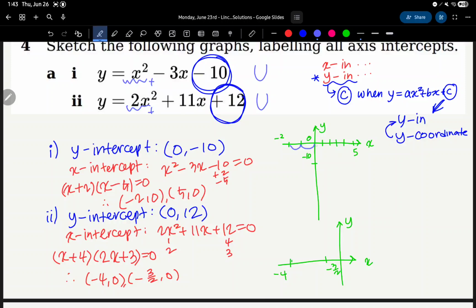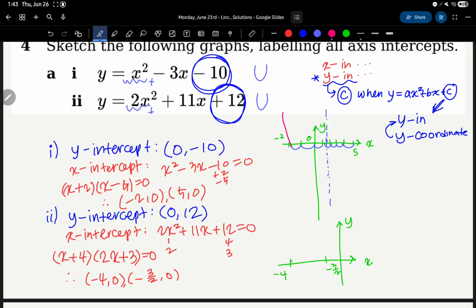If we count 1, 2, 3, 4, 5, 6, 7 and go in 3, it's going to be right in the middle. So that's going to be the line of symmetry for this one, and that's where the vertex is.